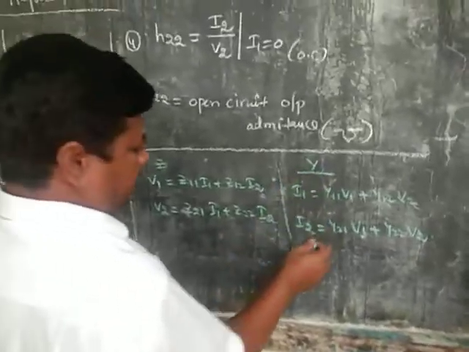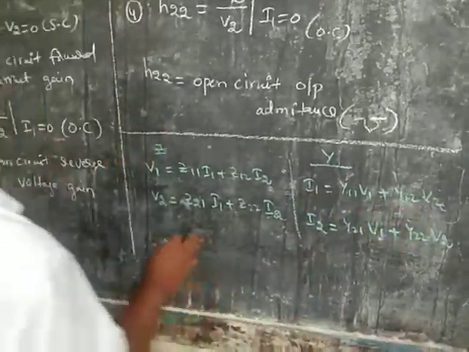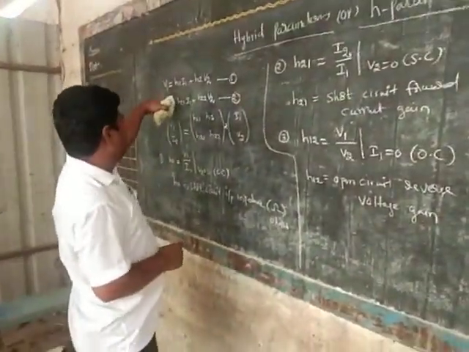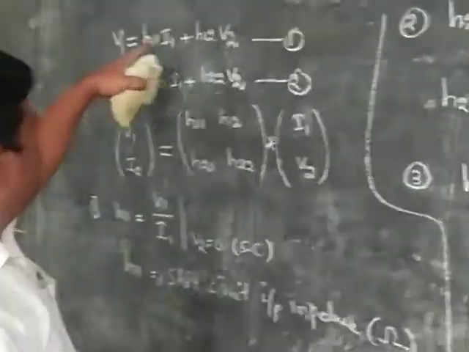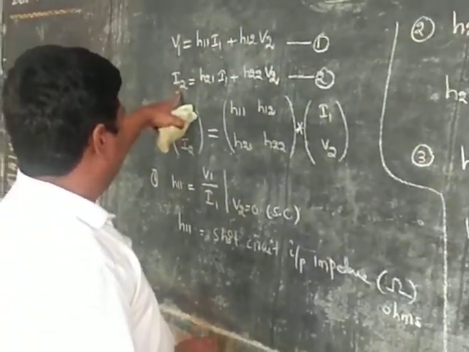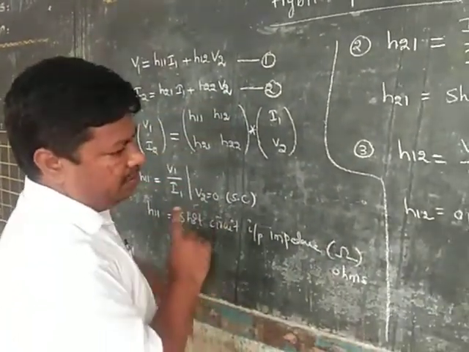In Y parameters, currents are dependent on voltages. Whereas in hybrid parameters, the input voltage V1 depends upon input current and output voltage, and the output current depends on input current and output voltage. It is a mixed combination.